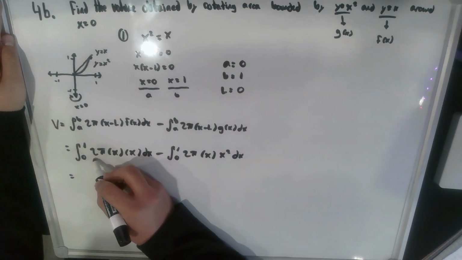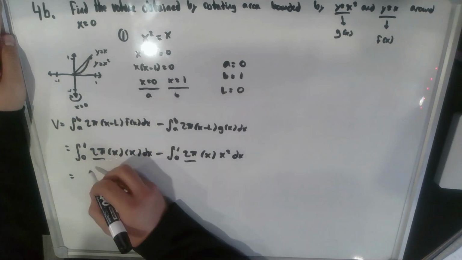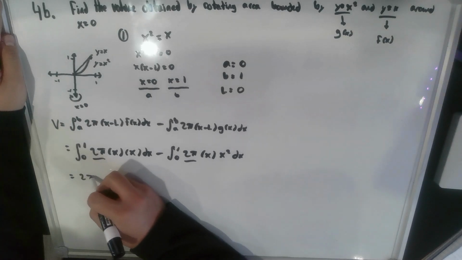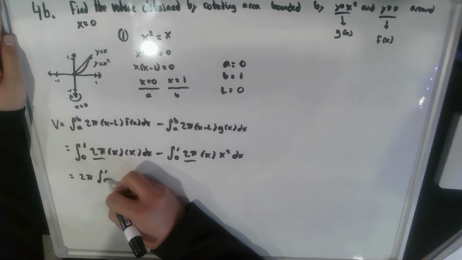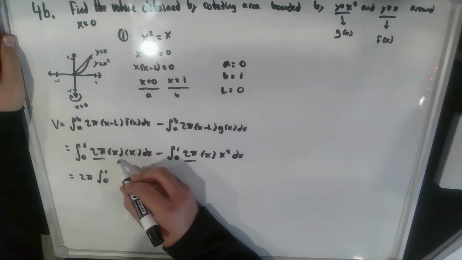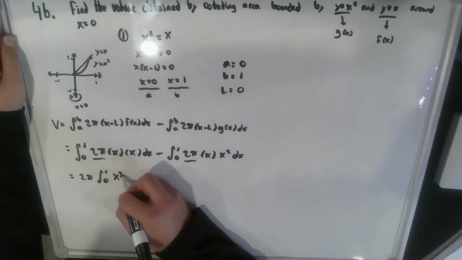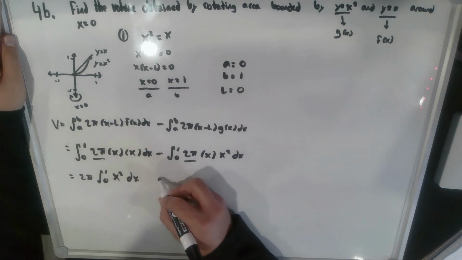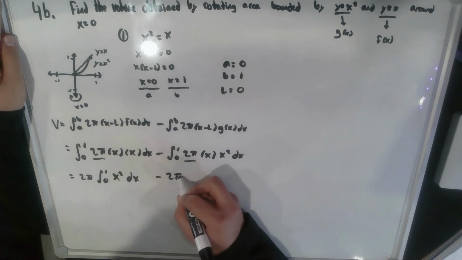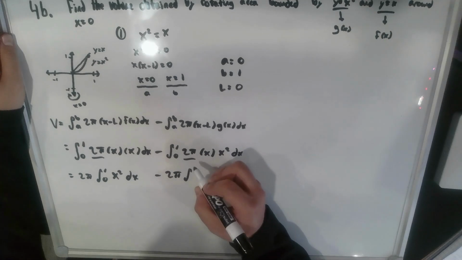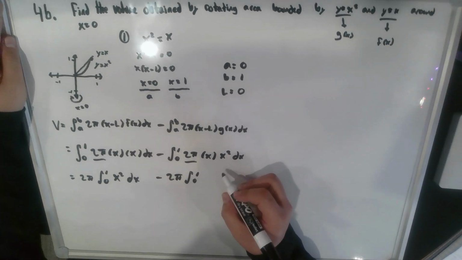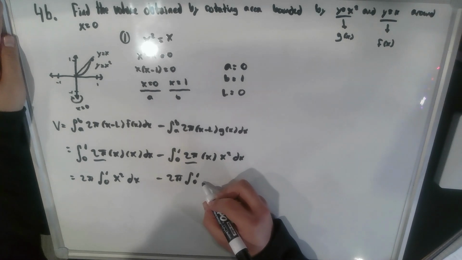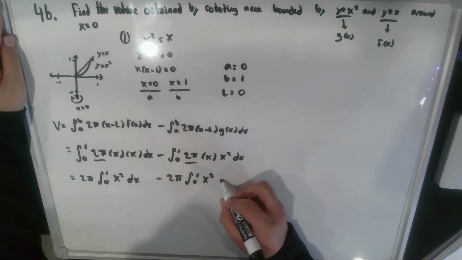And 2 pi on both of these can be pulled out in front of the integral because it's a constant. So it would be 2 pi times the integral from 0 to 1 of x times x, which is x squared, dx, minus 2 pi, pulling out the constants, integral from 0 to 1 of x times x squared, which is x cubed, dx.